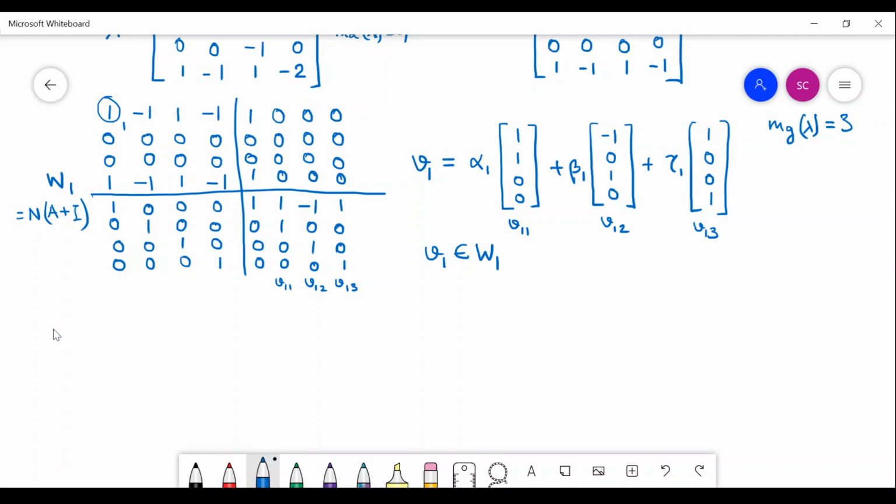Now next what we have to find out basically is (A plus I) square. So you write this matrix twice and do the multiplication.